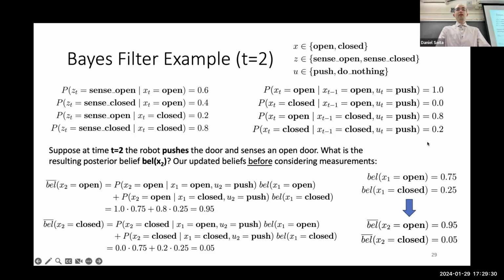So you don't have to give me the number. I just want to know, will it go from 0.95 and 0.05? Will it increase the weight of open or will it decrease the weight of open? Yeah, increase. So why is that?